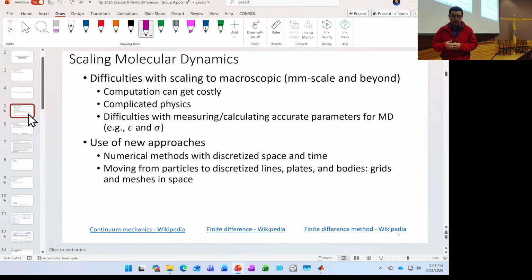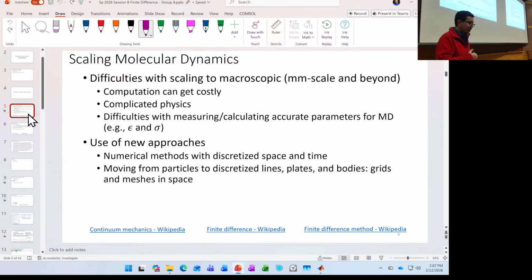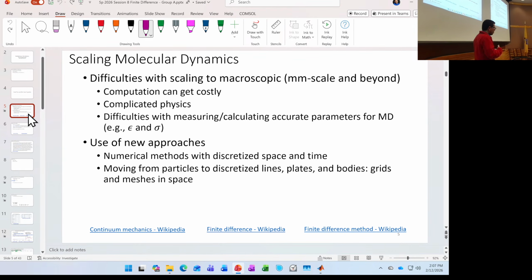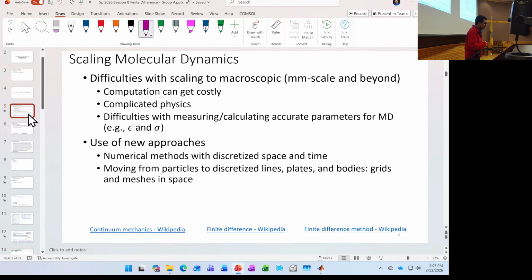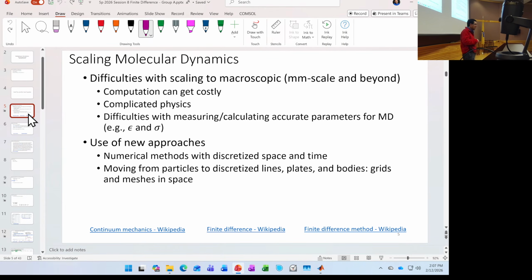The other thing that can happen is these molecular dynamics parameters, or these potentials, like the Lennard-Jones potential with an epsilon and a sigma, epsilon being the depth of that well, sigma being the distance to the zero potential. Those might be difficult to relate to real-world properties.